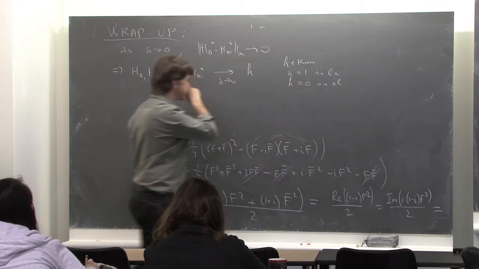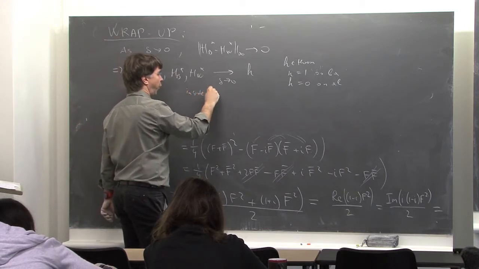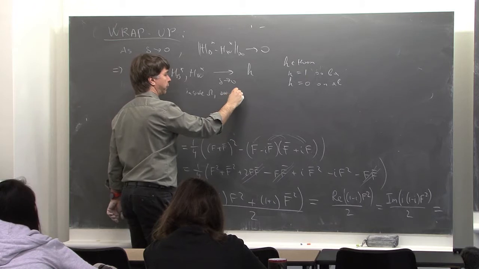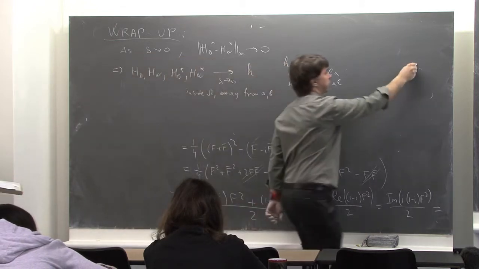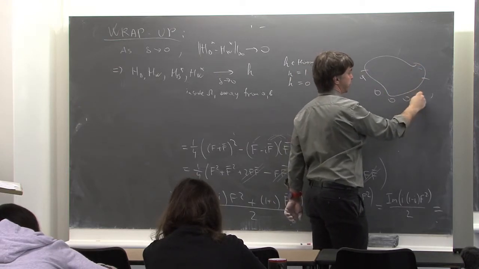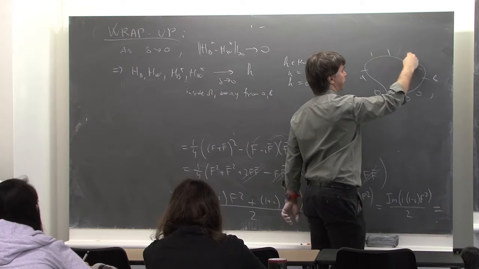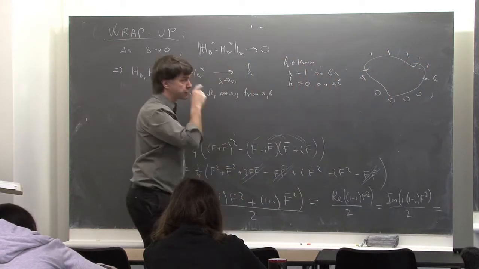Now by convergence, I mean it's convergence inside omega away from A and B. Because I have a function which has boundary value 0 on the bottom, boundary value 1 on the top, so near these points it's rather discontinuous.